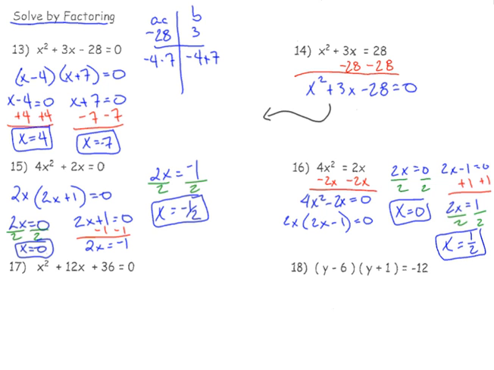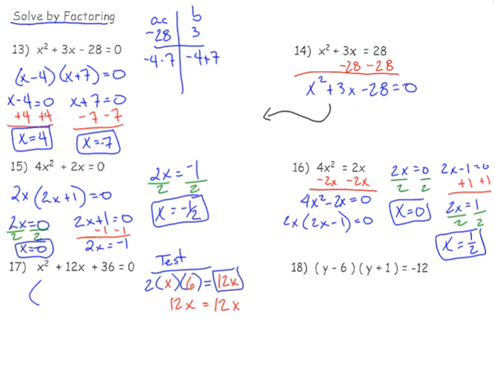Number 17. This one looks like it might be perfect squares. So I'm going to come over here and test real quick. So I have 2 parentheses equals my box. The square root of x squared is x. Square root of 36 is 6. I have to get that to equal a 12x. 2 times 6 is 12 with an x. 12x does equal 12x.